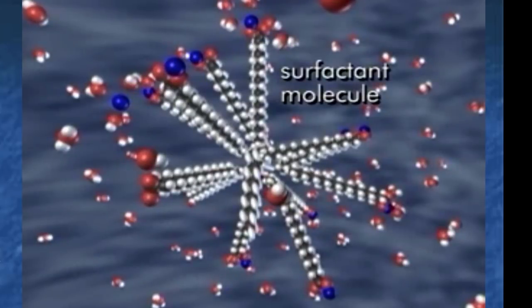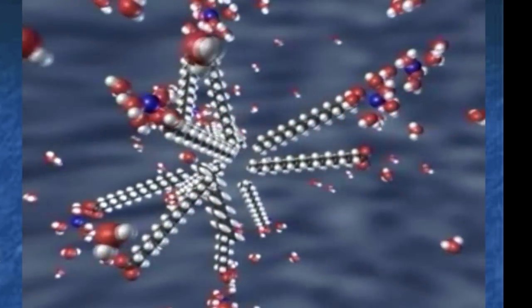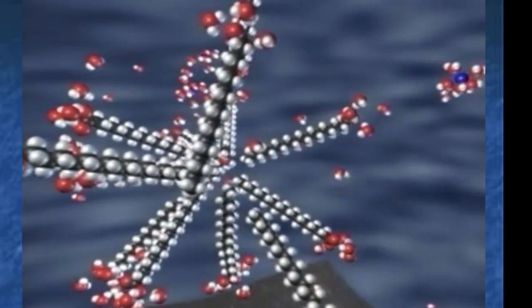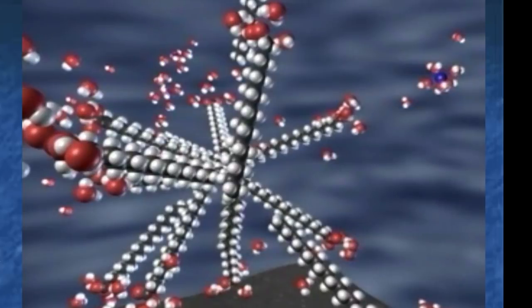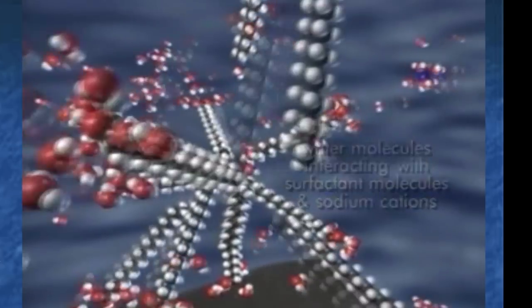Surfactant molecules exist in aqueous solution as micelles, clusters of surfactant molecules. The long nonpolar chains of the surfactant molecules are pointed inward, and the polar charged end groups point outward into the water. In solution, water molecules interact with the polar negatively charged ends of the surfactant molecules and with the sodium cations that provide charge balance.